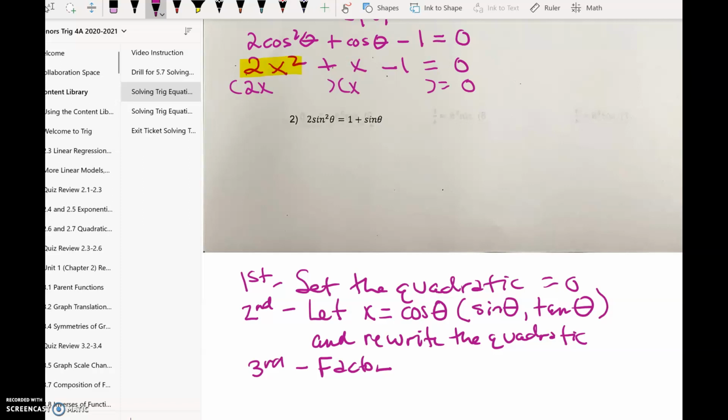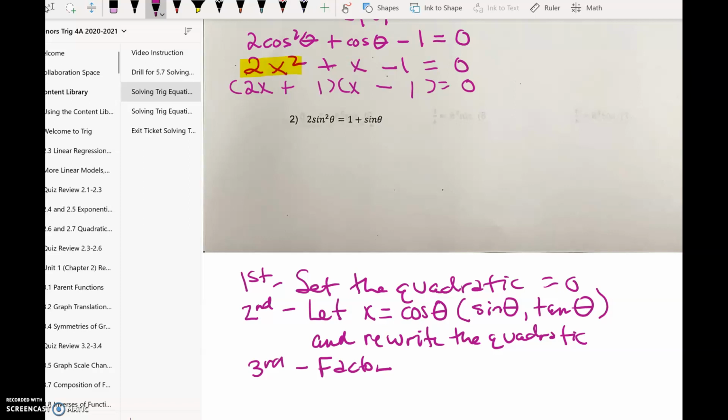The only way to get negative 1 is going to be positive 1 and negative 1, or negative 1 and positive 1, but it has to be a positive and a negative, and the only number to make 1 is 1 and 1. Now, I'm not sure which one it is. Is it plus 1 here and negative 1 here? Or should the negative go first?